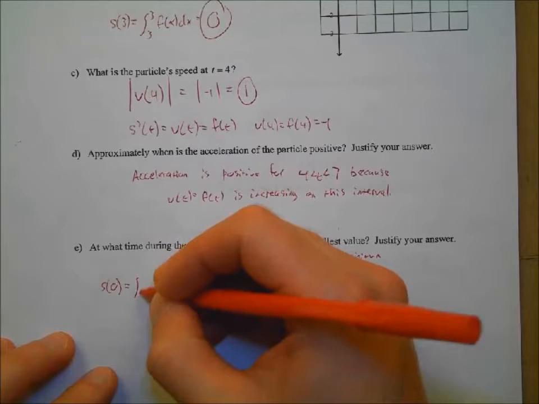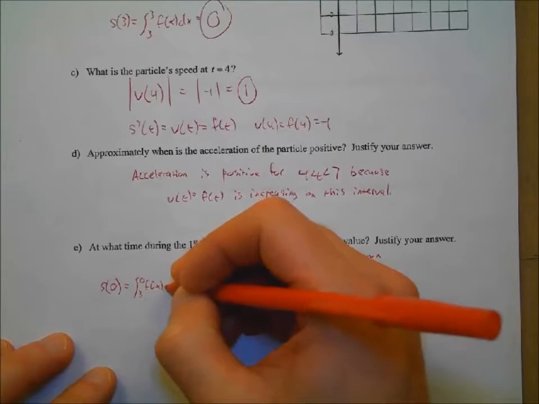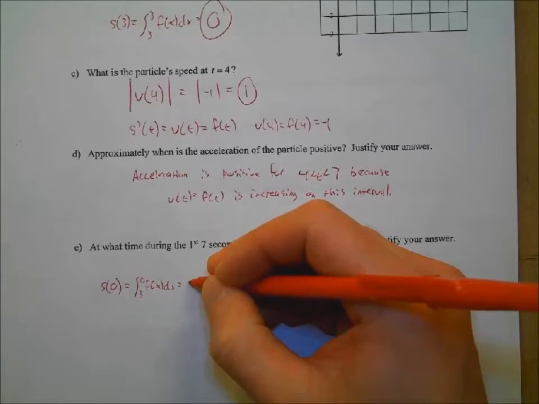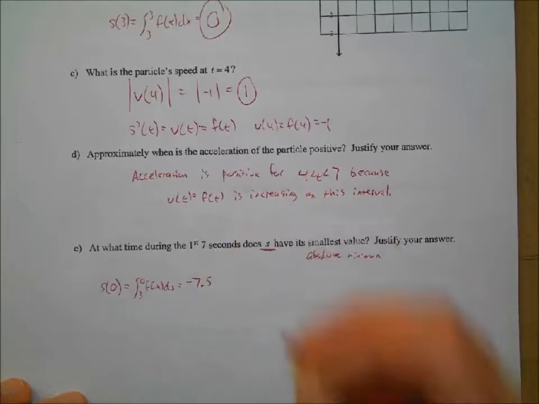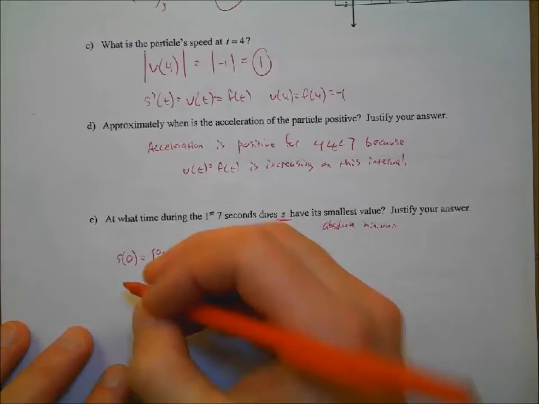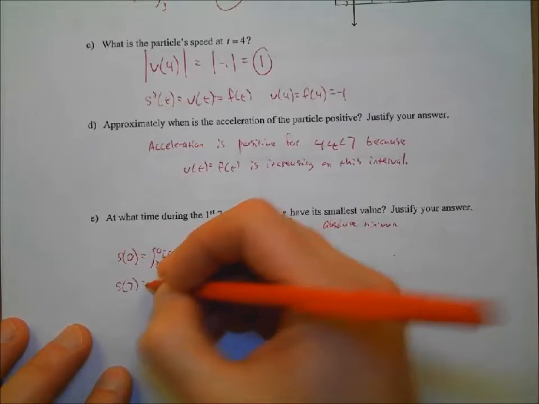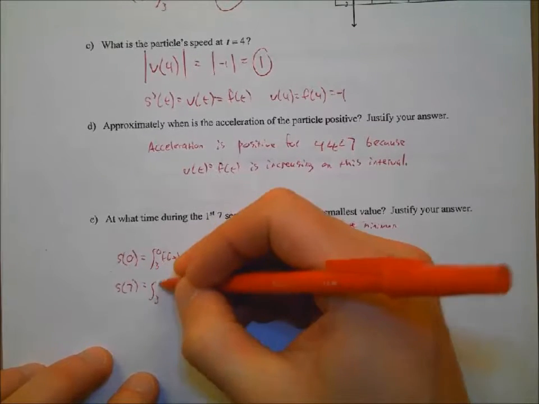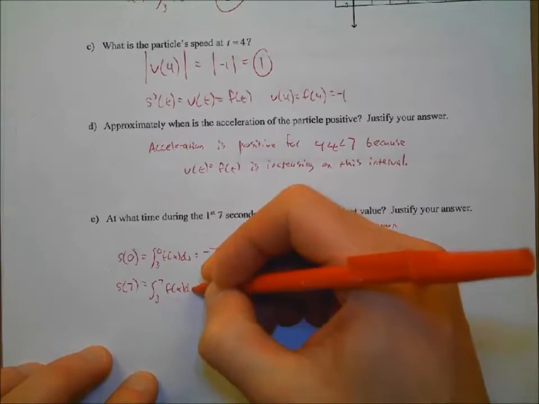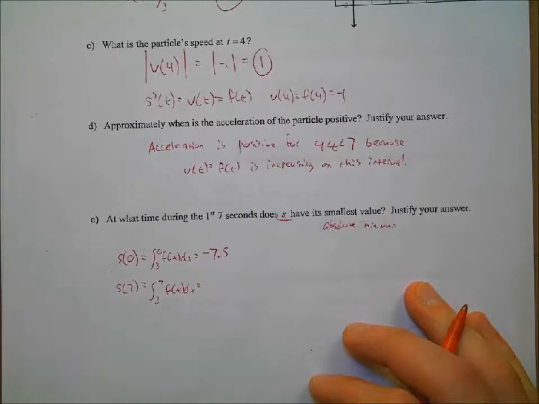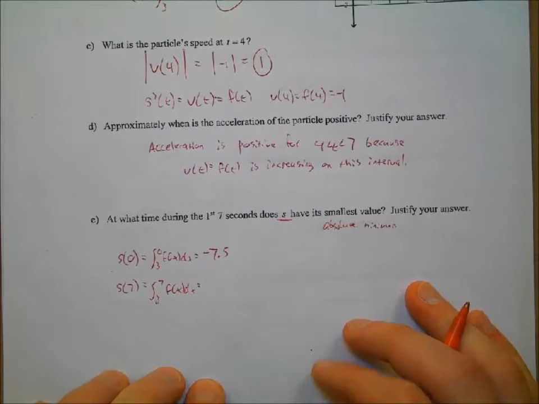What are the endpoints? Well, it's 0 and 7, so we want to find S of 0, which is the integral from 3 to 0 of f of x dx. We already have that. It is negative 7.5. We also want to find S of 7, right? That's the other endpoint, so that's the integral from 3 to 7 of f of x dx.